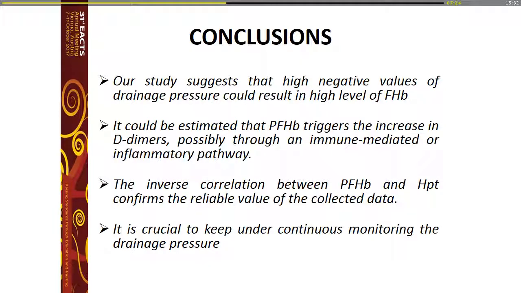It could be estimated that free hemoglobin triggers the increase of the D-dimer possibly through an immunomediator or inflammatory pathway, and the inverse correlation between free hemoglobin and haptoglobin confirms the reliable value of the collected data, and it's very important to keep the drainage pressure under continuous monitoring.